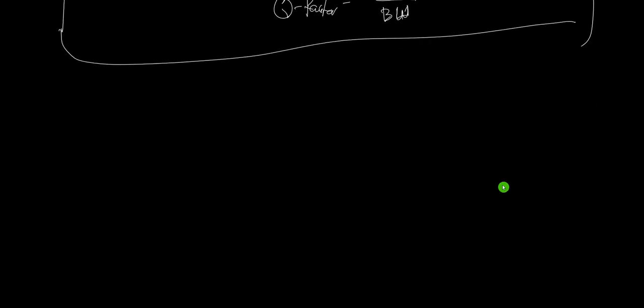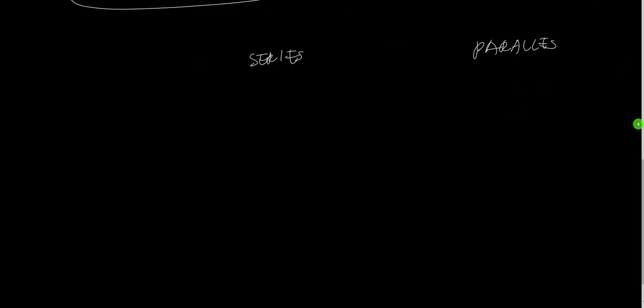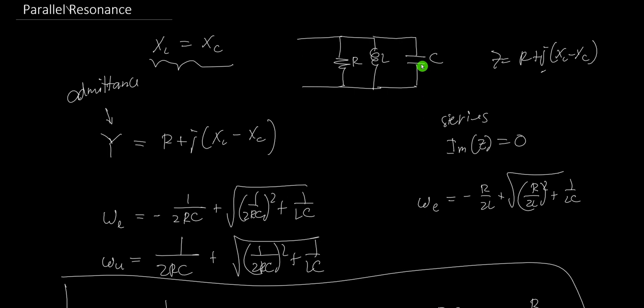So if we summarize the two, the series circuit and the parallel circuit, for omega R, our formula in the series circuit is 1 over the square root of L times C. For parallel, I forgot to derive that, because XL is just equal to XC again, and then omega R times L equals 1 over omega R times C. So it's just the same thing.